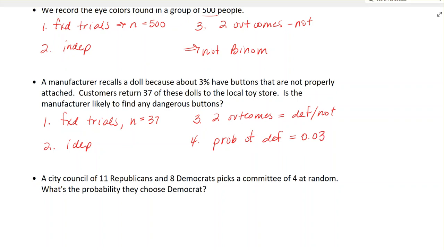So I'm going to change all my percents into decimals from here on out. So all 4 of these requirements have been met. This is the only example we've looked at so far where our example is in fact meeting the criteria for a binomial distribution. So this is the only one so far.